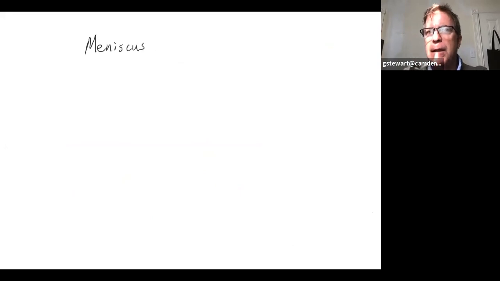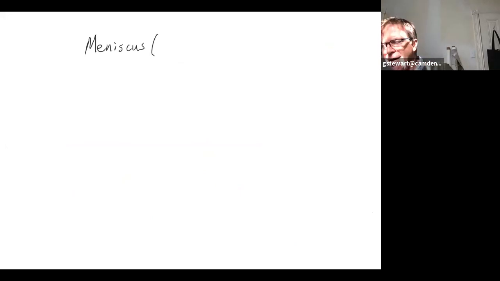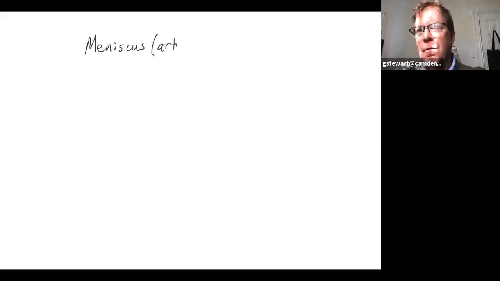And I'm just going to write meniscus. This is also referred to as an articular disc. Example in the knee joint.